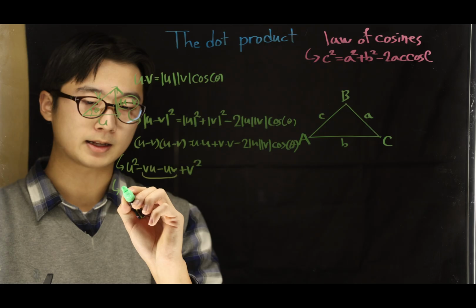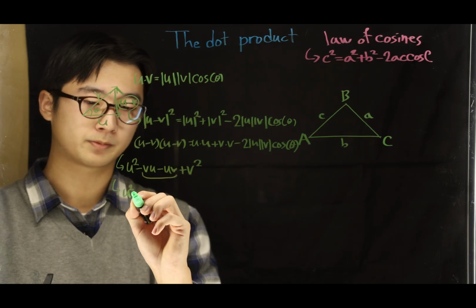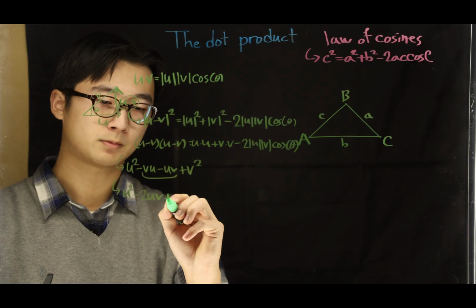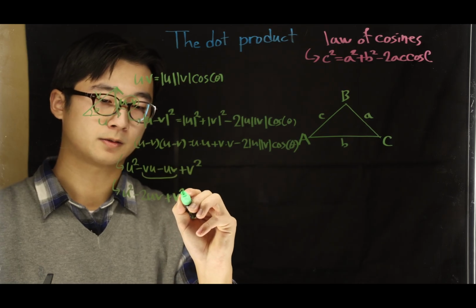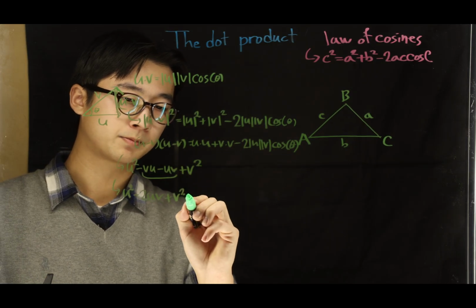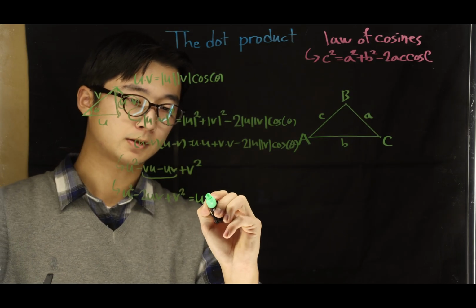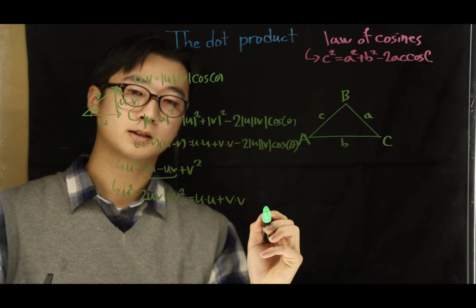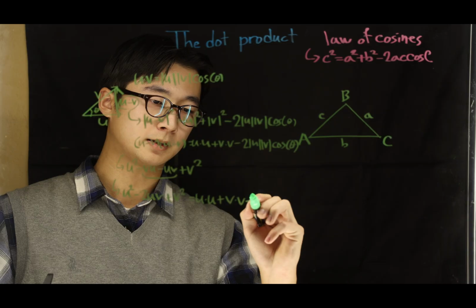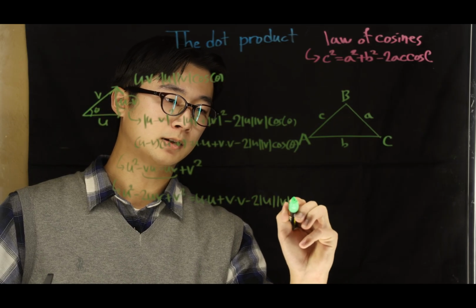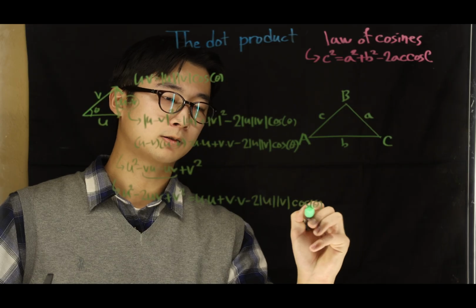So we can rewrite it as u squared minus 2 u dot v plus v squared. And this is equal to the right side, u times u plus v times v minus 2 times the magnitude of u times the magnitude of v times cosine of theta.